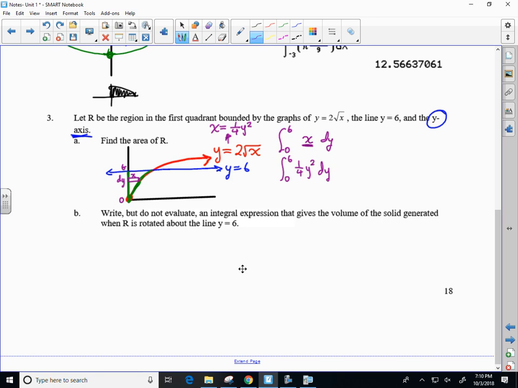So whatever the intersection is, I think this is 9. You'd have to go from 0 to 9, and then the integral would be 6 minus 2 root x dx. A little bit more than you need, because this is much simpler, right? Even if you have to put it in the calculator.